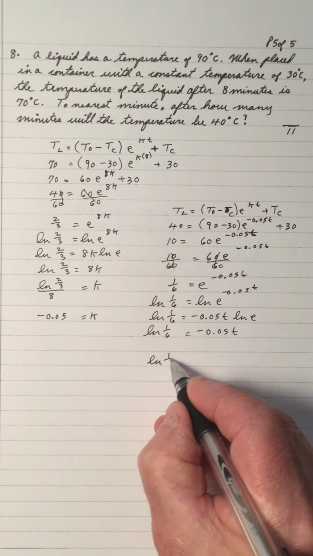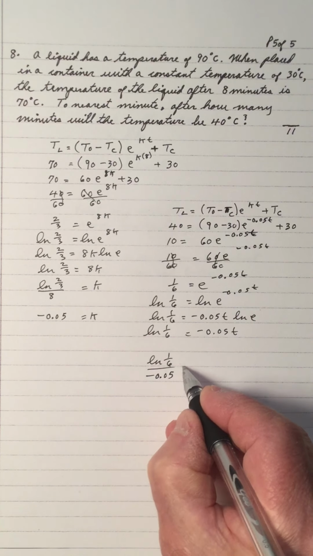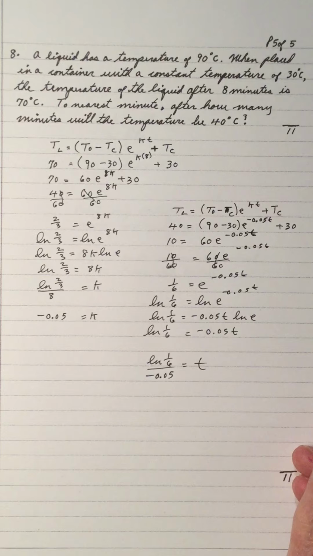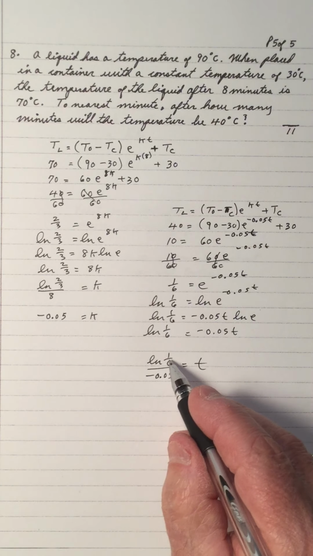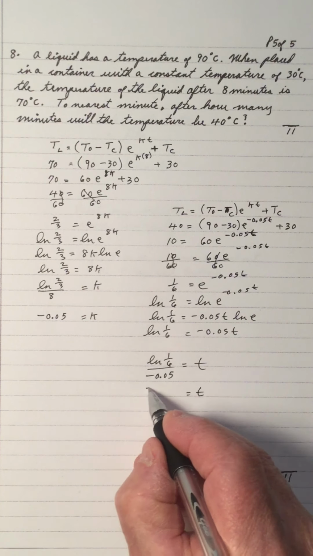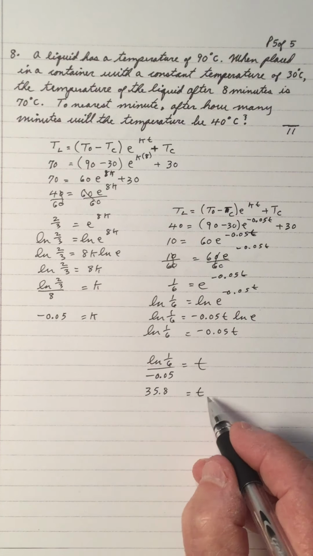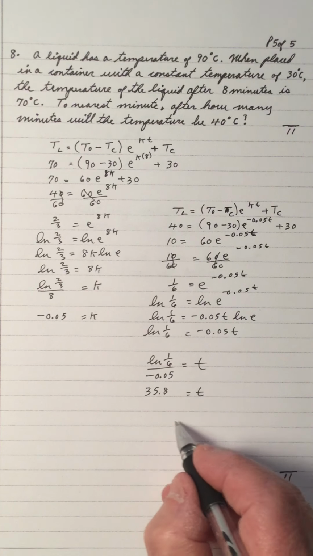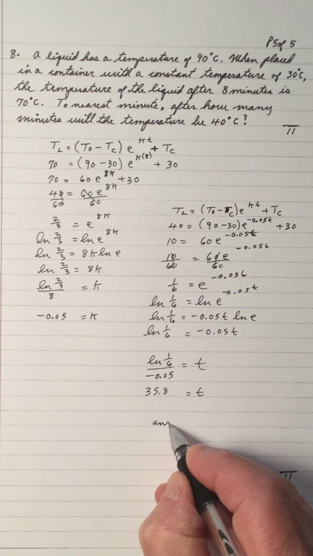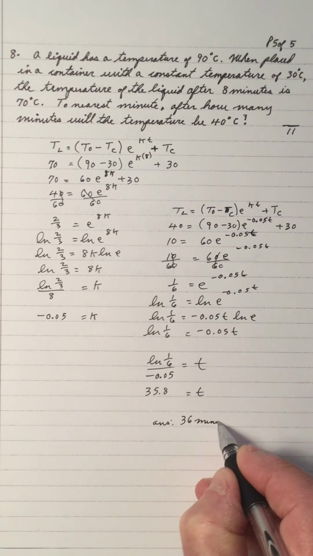So that's the ln of 1/6 divided by negative 0.05. And you plug that in your calculator, and the answer comes out to be t is 35.8, and that's in minutes, and we want it to the nearest minute. So the answer to the nearest minute is 36 minutes.